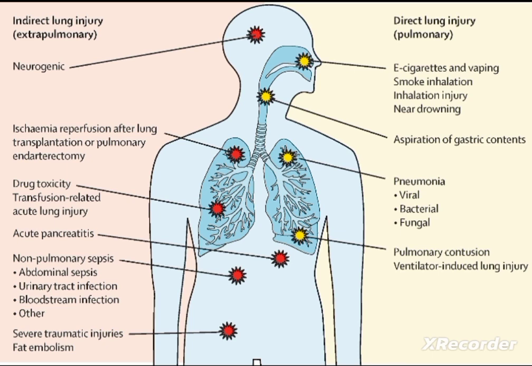So here there is cigarette smoking, then smoke inhalation, near drowning, aspiration of gastric contents, pneumonia, which may be viral, bacterial or fungal, then pulmonary contusion, ventilator induced lung injury.